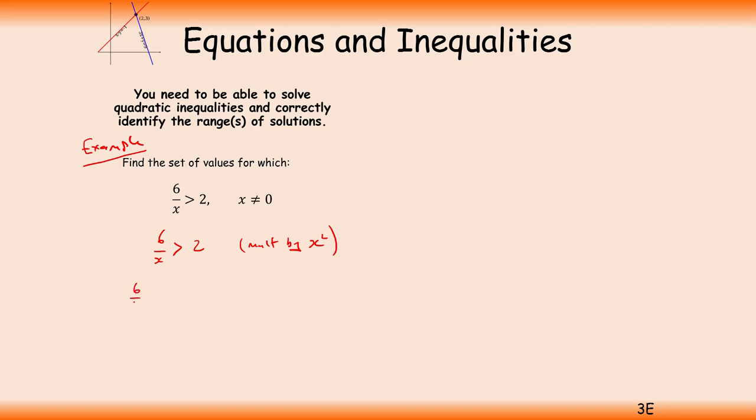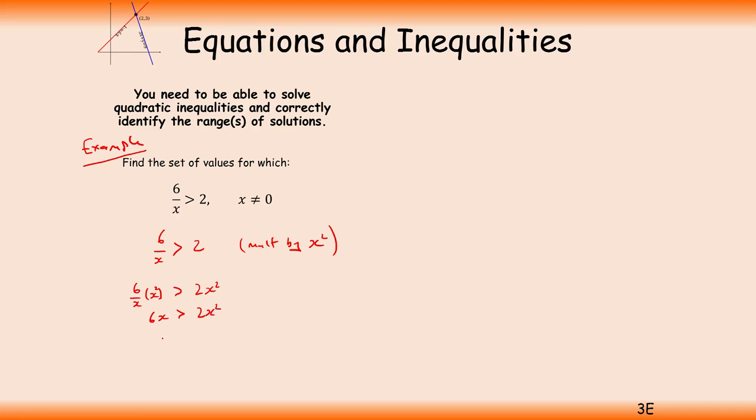So we multiply both sides by x squared. So you got 6 over x times x squared, and that's greater than 2x squared. Now one of the x's cancels with one of those, so you got 6x is going to be greater than 2x squared.